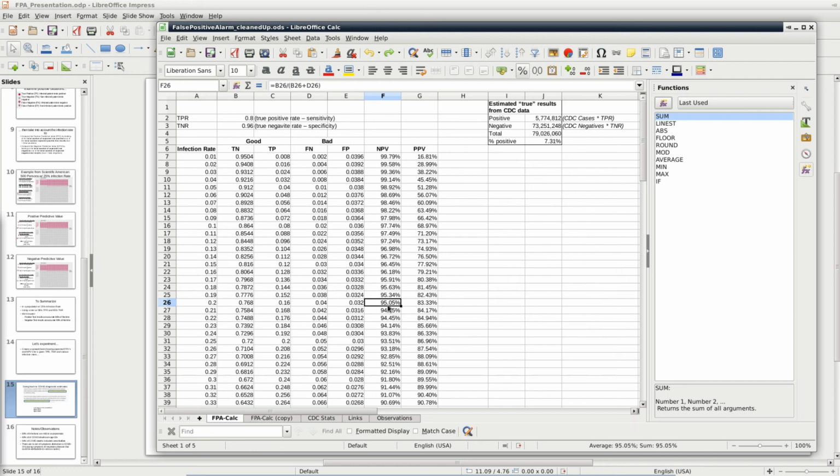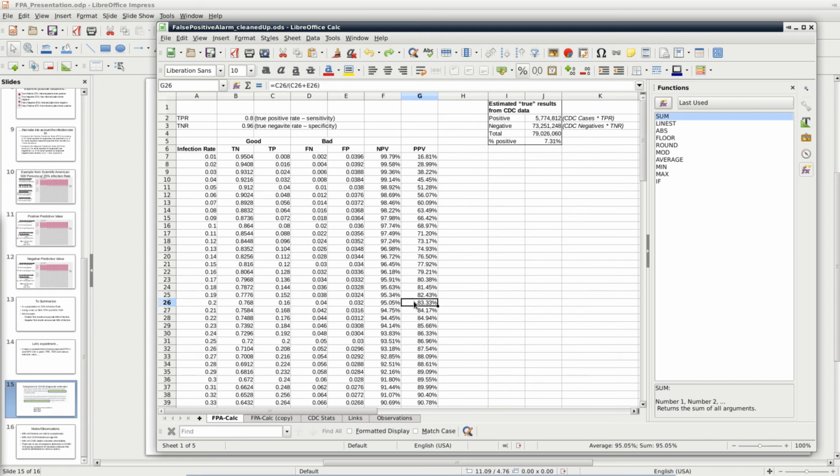So that means if the infection rate of COVID-19 in the population being tested is 20%, then someone who gets a negative test result is 95% probable to have a true negative.